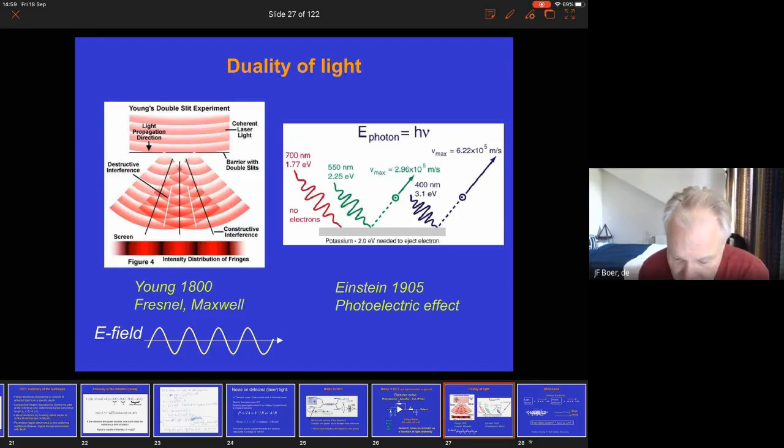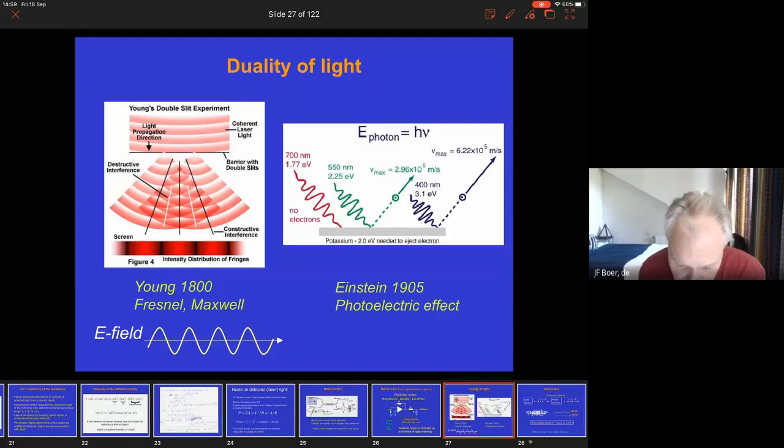The interesting thing is, if you look at the wave picture for this effect, you would think, well, why don't I just increase the amplitude of my wave? And at some point, I will be able to shake that electron out of its orbit regardless of my wavelength. That turns out not to be the case.